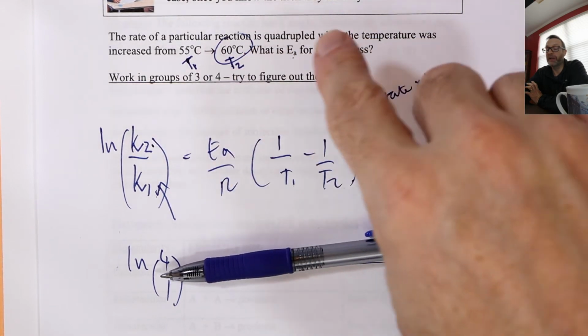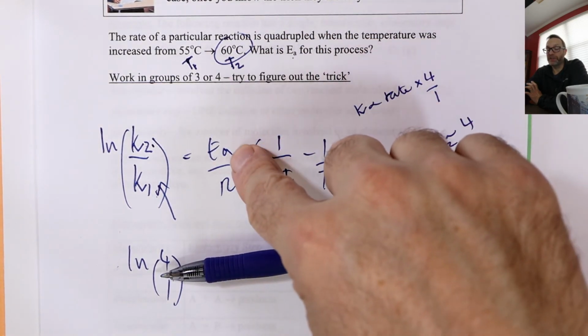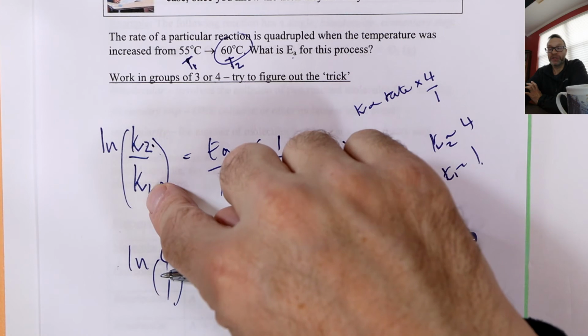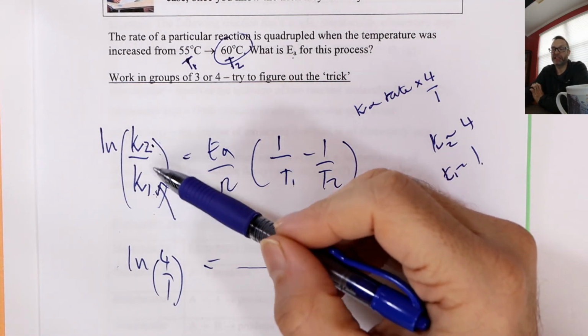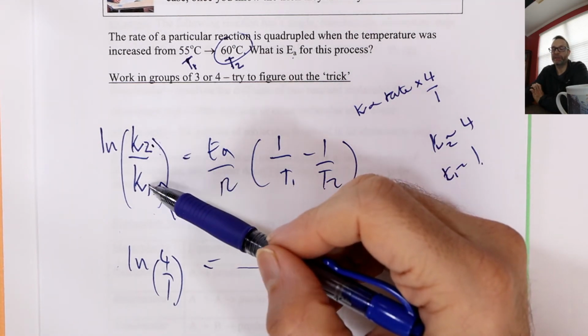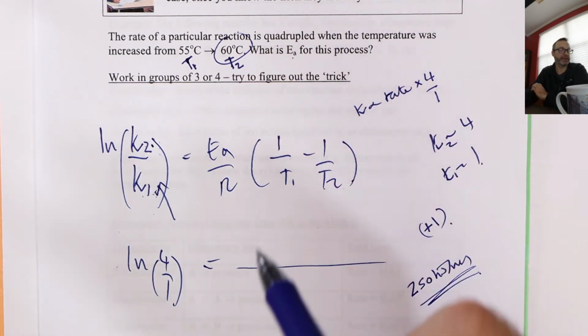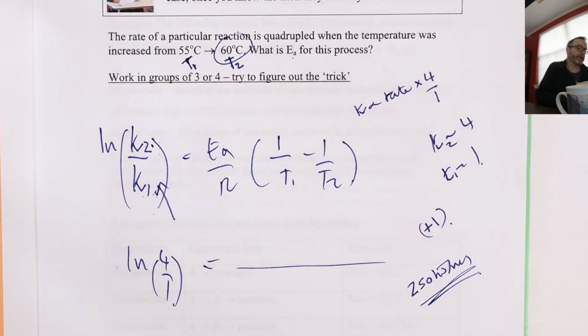Or they can ask you to work out Ea given that ratio. That's the one we just did. So be careful. Wherever you see the rate is quadrupled and it's temperature dependent, or the rate goes up by a factor of 10, you're really talking about this ratio. So up by 10 is 10 to 1. Up by 5, 5 to 1. Hopefully that makes sense, right?